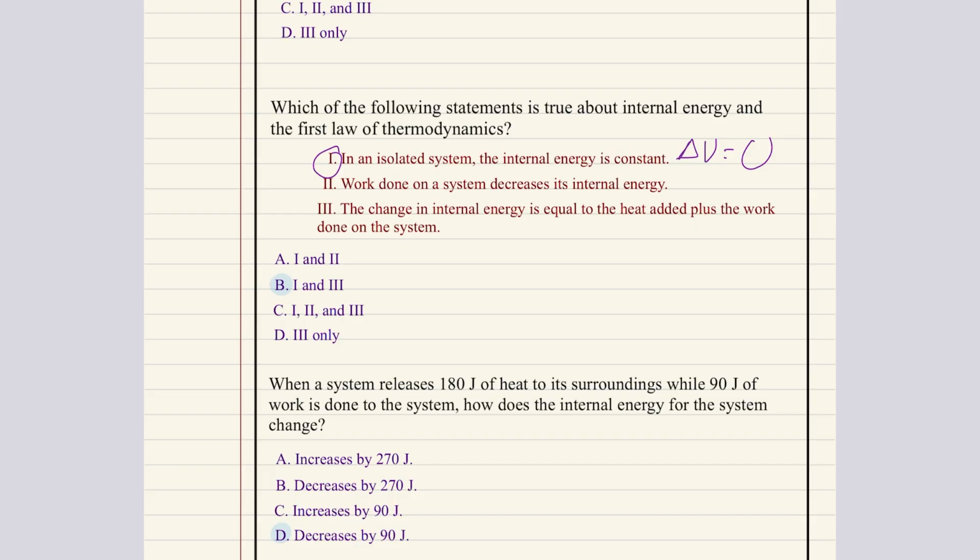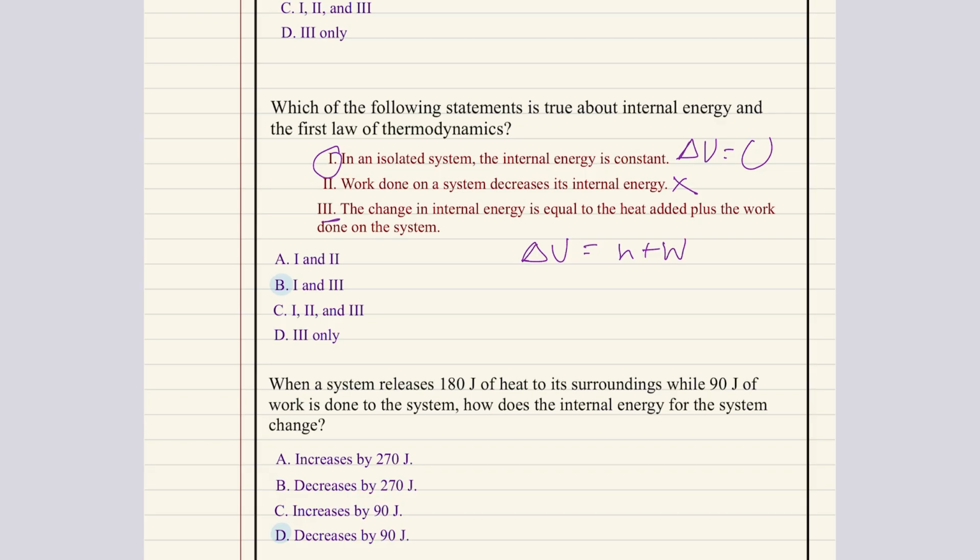Statement 2 says work done on a system decreases its internal energy. This one is false. Work done on a system increases its internal energy. It's like giving the system energy. Then finally, statement 3 says the change in internal energy is equal to the heat added plus the work done on the system.